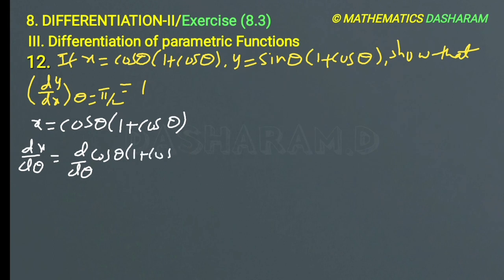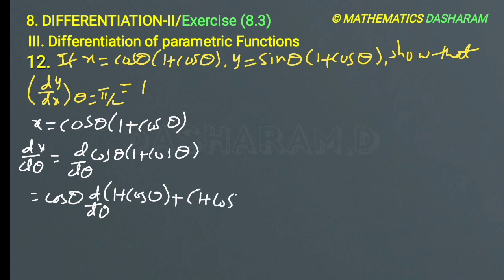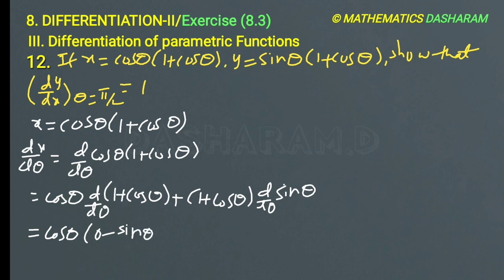That is cos theta into d by d theta of 1 plus cos theta, plus 1 plus cos theta into d by d theta of cos theta. So it equals cos theta bracket of 0 plus the derivative of cos theta, which is minus sin theta, so 0 minus sin theta, plus 1 plus cos theta into the derivative of cos theta.